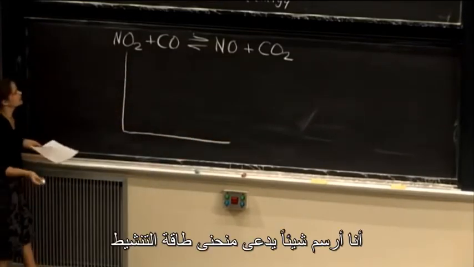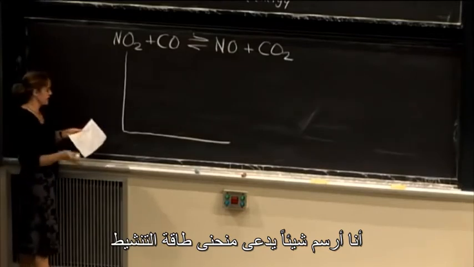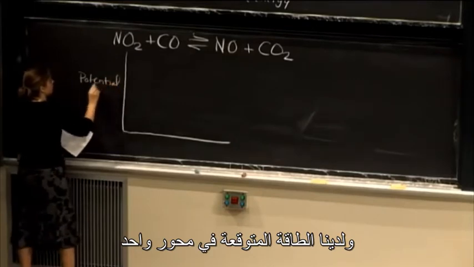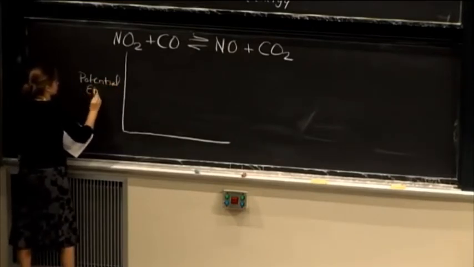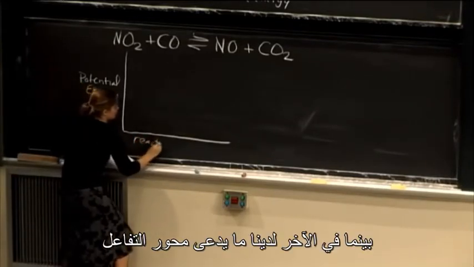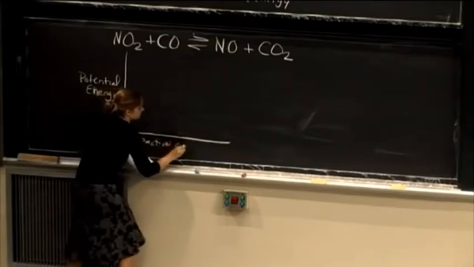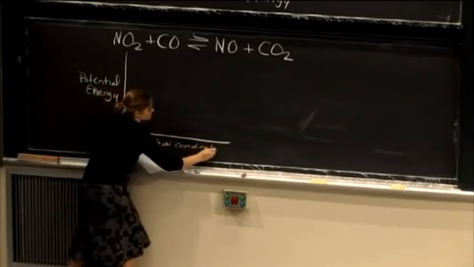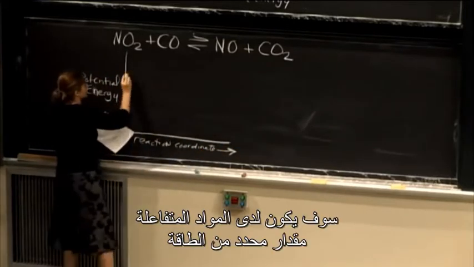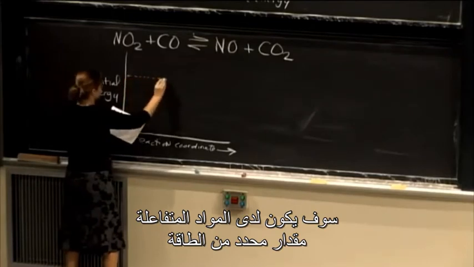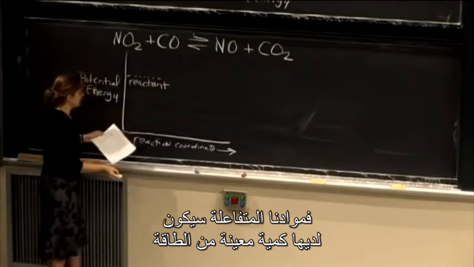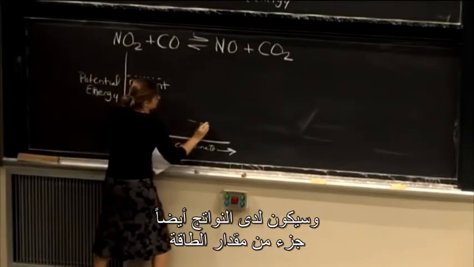So I'm drawing something that's called an activation energy diagram. We have potential energy on one axis, and on the other, we have what's called a reaction coordinate. The reactants are going to have some amount of energy, and our products will have some amount of energy.